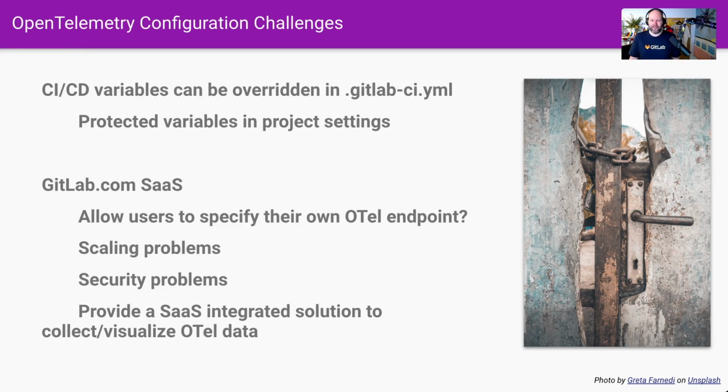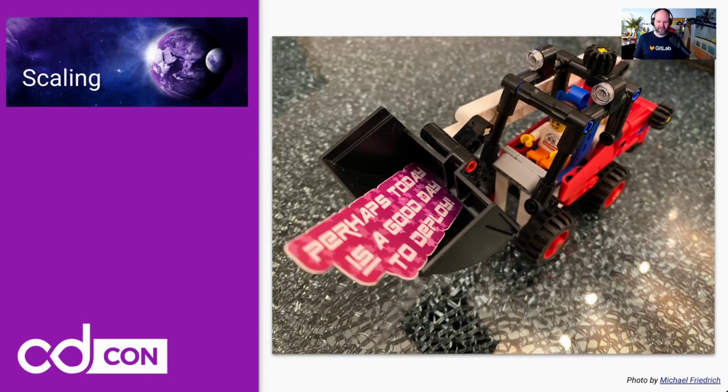We need to think about scaling problems, security problems, and also provide some sort of visualization which works out of the box on the one DevOps platform, or somewhere else where OpenTelemetry is running to observe the CI/CD pipelines. Now, the other thing is scaling.